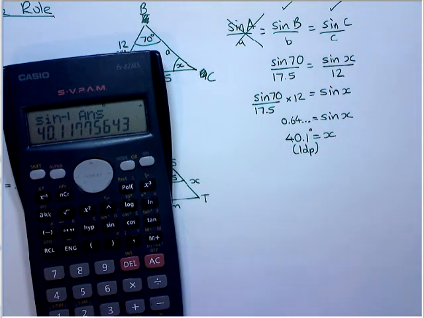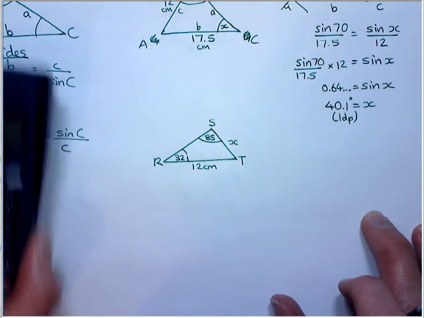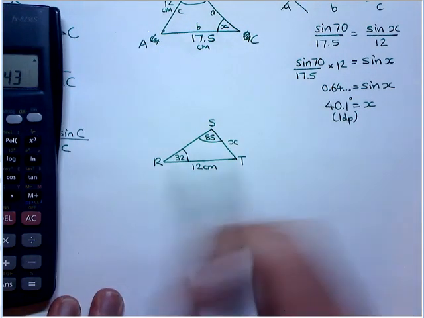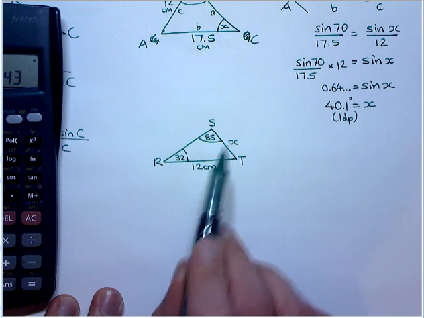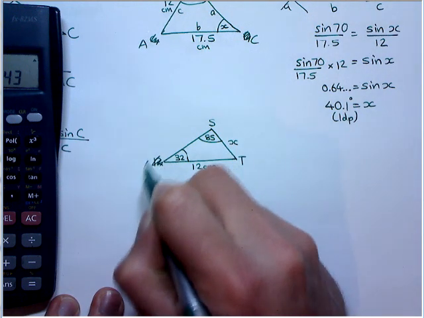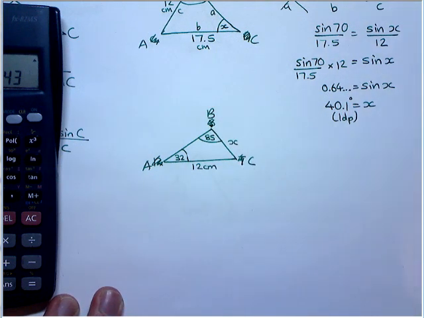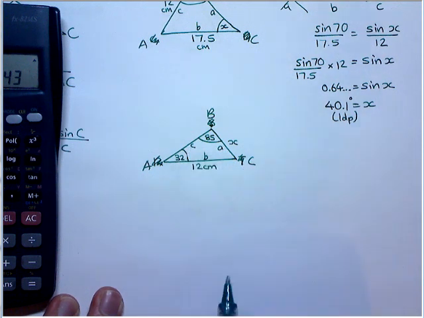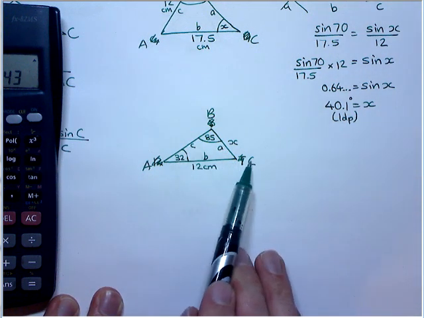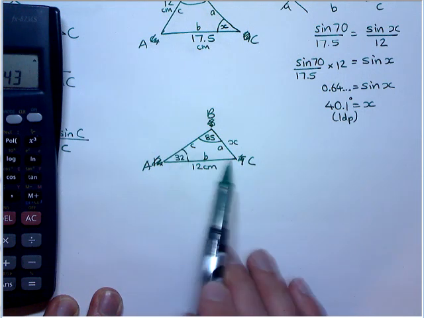So that's finding angles using the sine rule. Now let's look at finding sides. So once again I've got R, S and T. As long as I find that side, that's all we're interested in. So A, B, C, that's little a, little b, little c. I'm going to skip a step now. You can see the C's, we're not given the angle, we're not asked to find it, so it has got nothing to do with that.